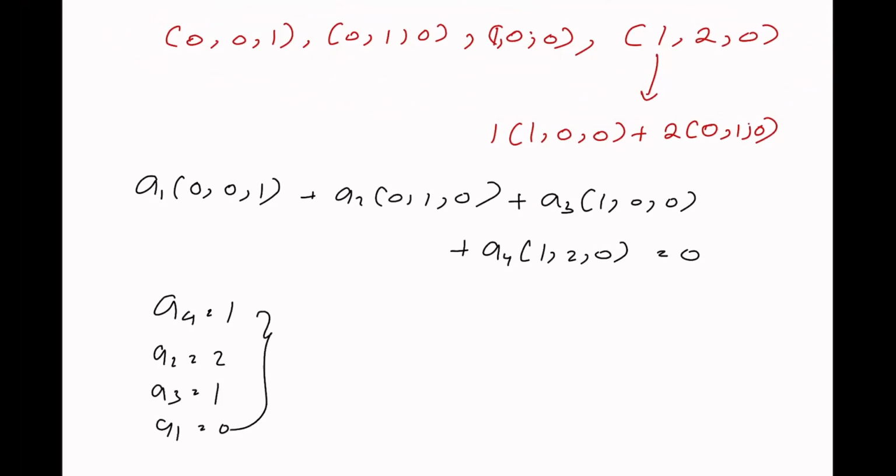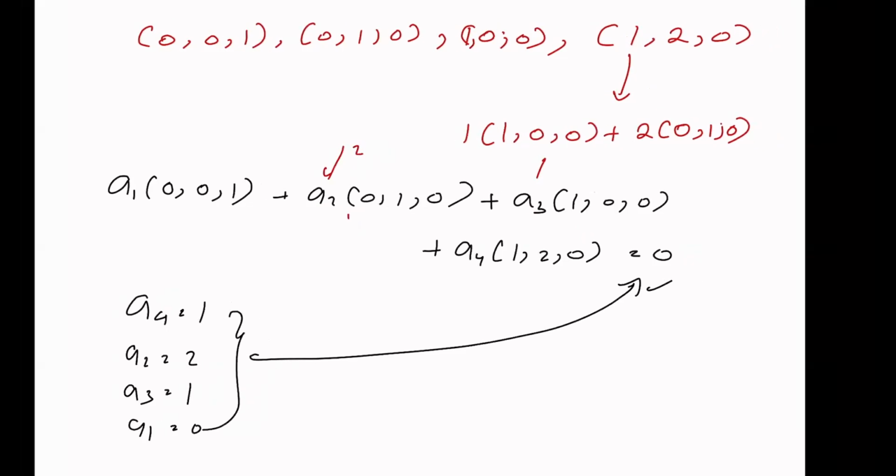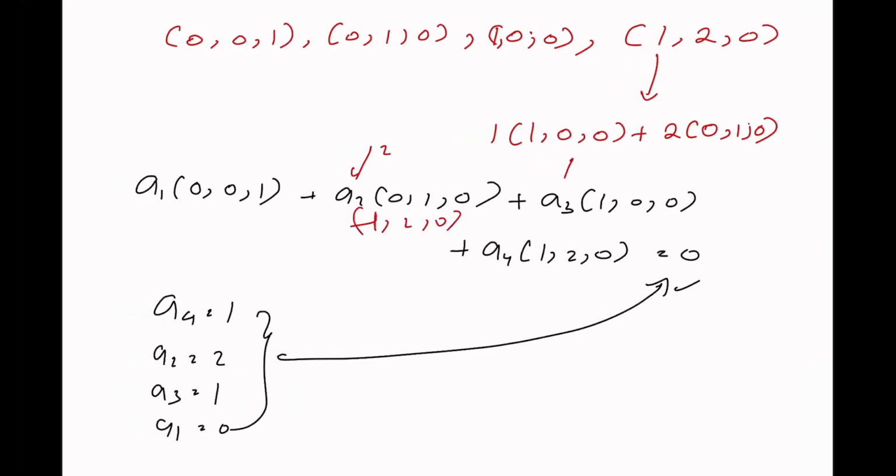If you put these 4 values, they satisfy this equation, because if you put -1 here and 2 and 1 here, you get exactly the same vector but with the opposite sign, so it cancels out and you get a 0 vector. And 0 vector plus 0 vector is a 0 vector.